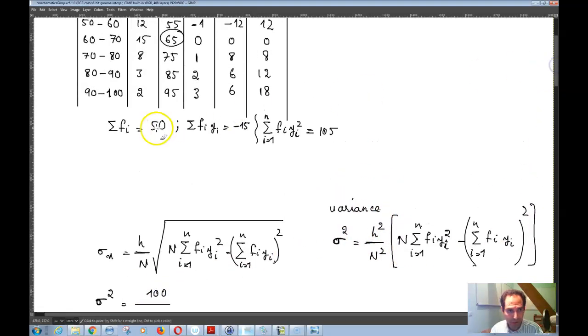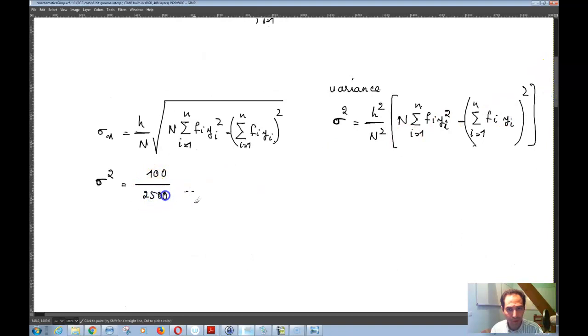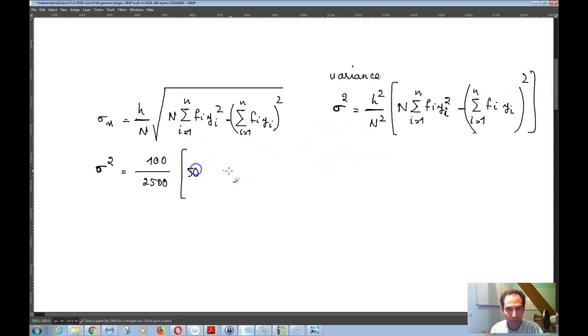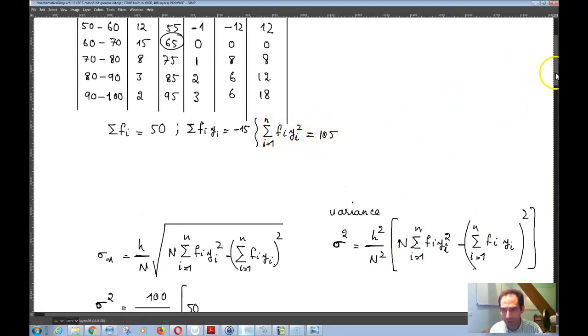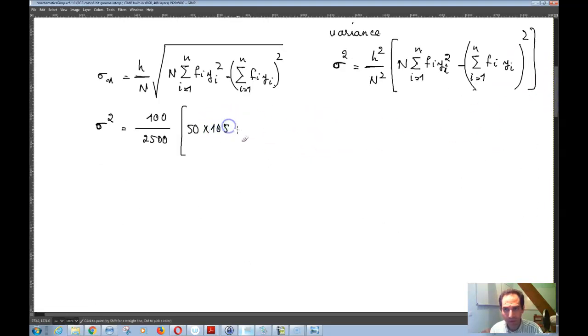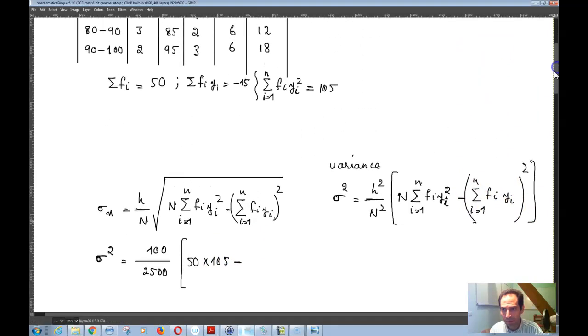N squared is equal to sigma alpha y squared, which is 2500, times n, where n was basically 50, times sigma alpha y of i squared, which is this value over here, 105 times 105, minus this value, sigma alpha y of i squared, which is 15 squared, equal to 225. So that is 225.